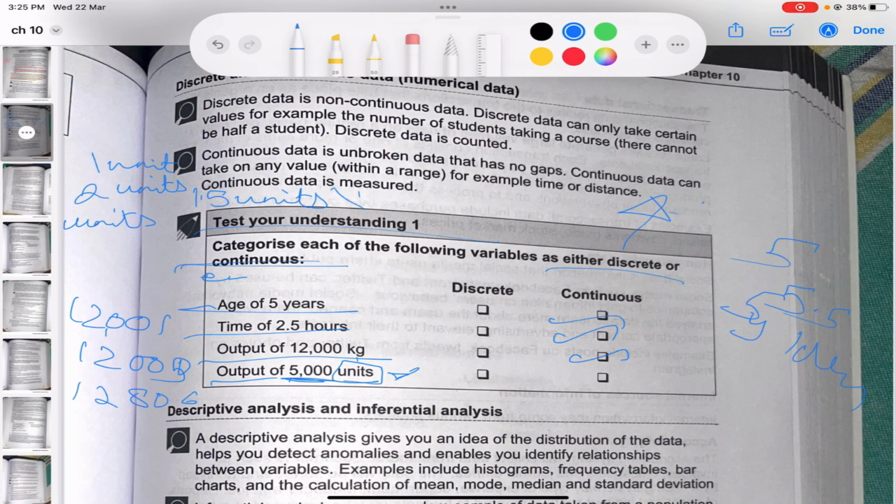No. Can I say that I have half an iPad? No, I can't. But can I say that I have goods of 1 kg and goods of 1.5 kg? Yes, I can. So that is continuous. But when we're talking about specific units, it is discrete. I hope now you have understood the concept of discrete and continuous.